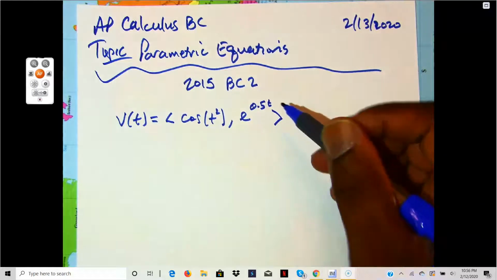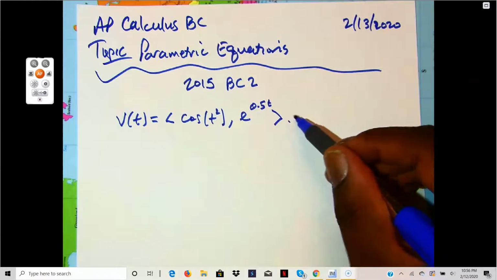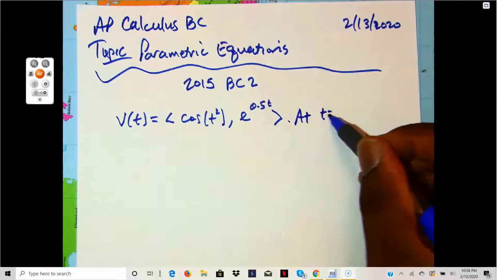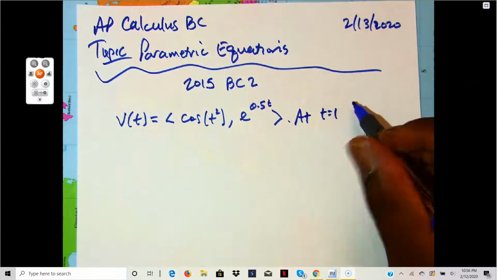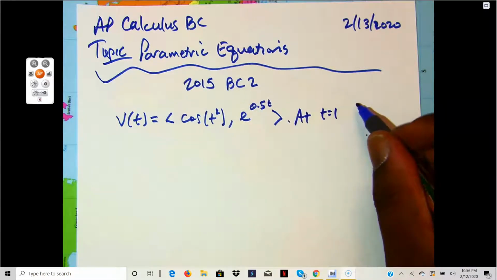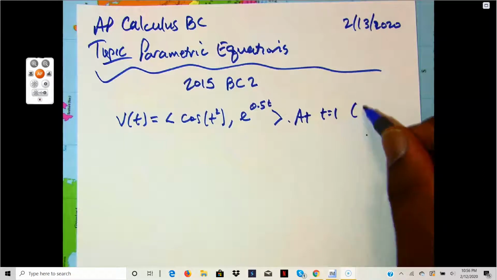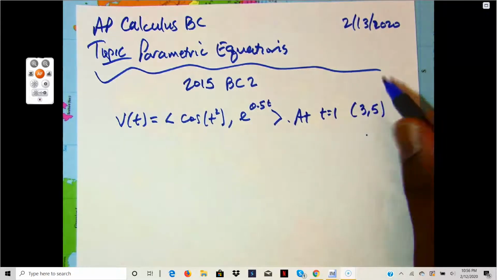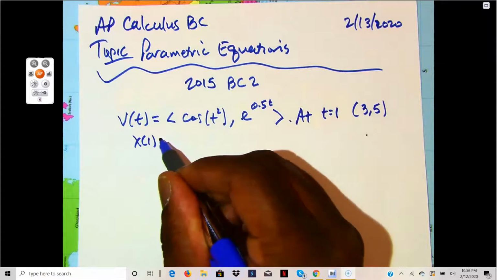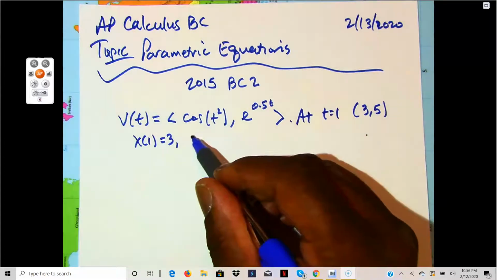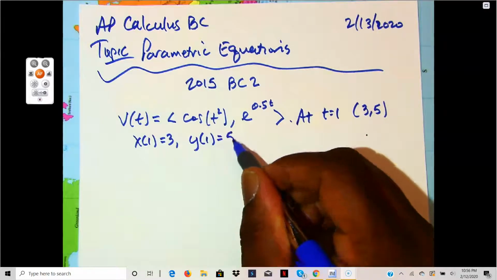And you're told at t equals 1, the particle is at the point (3, 5). So in other words, x(1) is equal to 3 and y(1) is equal to 5.